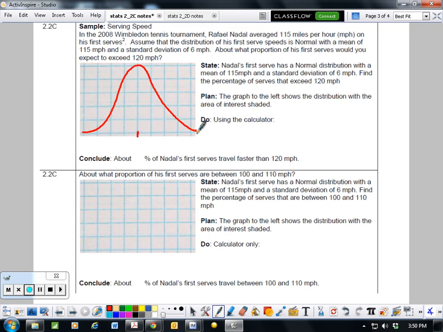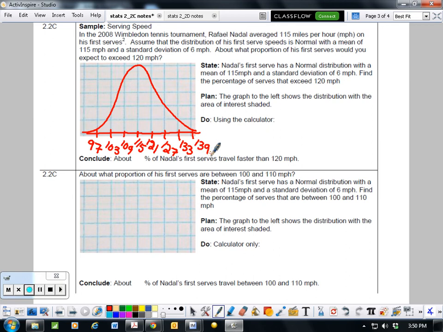Ooh, that looks much better than before. So I've got 115. I go up by 6s and down by 6s: 121, 127, 133, 139.